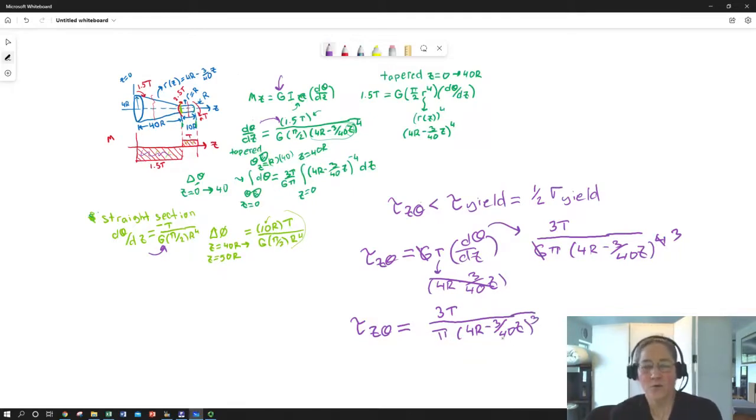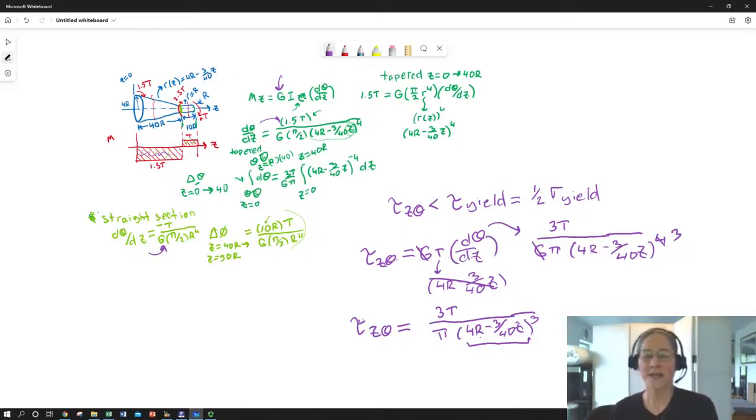So if we were looking at a yield criteria, we would want to find where this is the biggest. This is going to be the biggest where this variable term in the denominator is the smallest, and it's going to be the smallest basically where z is the biggest. So you could think of basically if this goes to 0, this term blows up and becomes infinitely large.